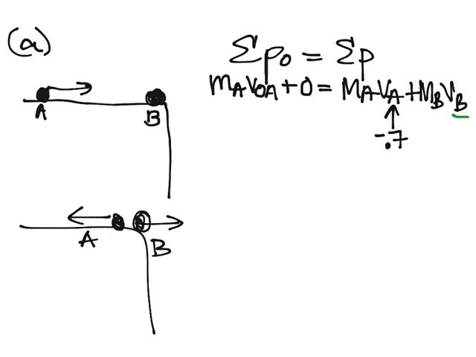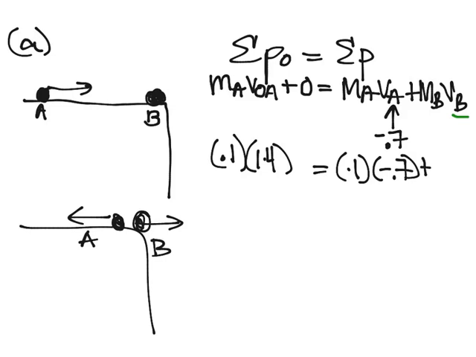Okay, so we have the masses of the balls, we have the velocities, now we just need to plug in the numbers. Okay, so MA is 0.1 times 1.4, and that's equal to 0.1 times negative 0.7 plus 0.5, the mass of the second ball, times VB, which we don't know.